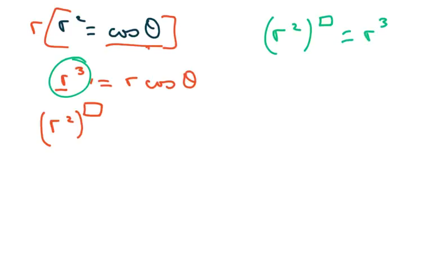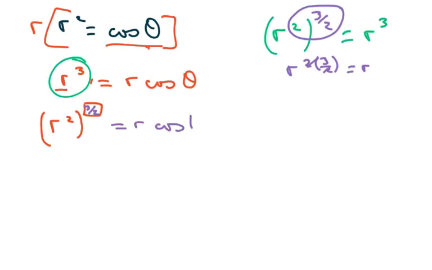What you would put is 3/2, because when you use the product property and multiply this out, you get r squared times r to the 3/2. The 2's would cancel and you just get r. So I have to put 3/2 here equals r cosine of theta.